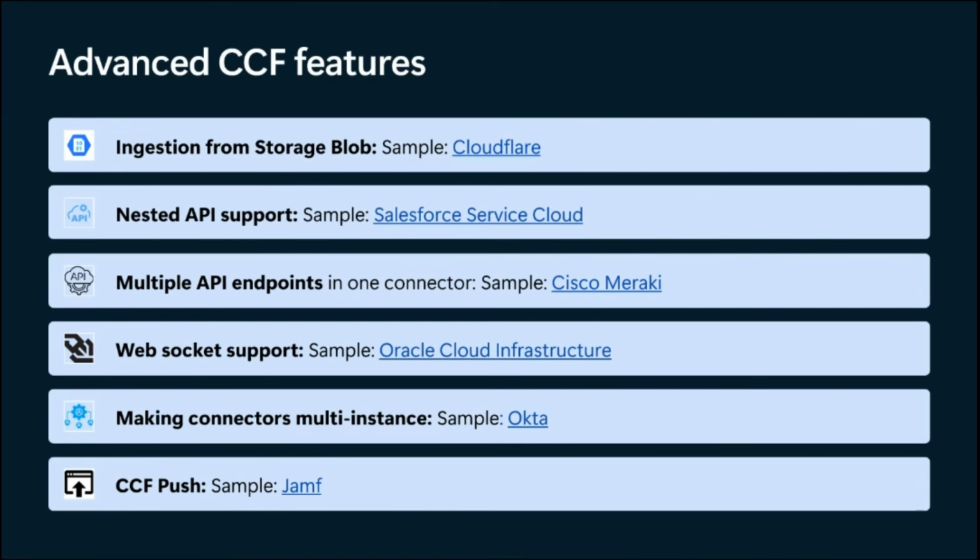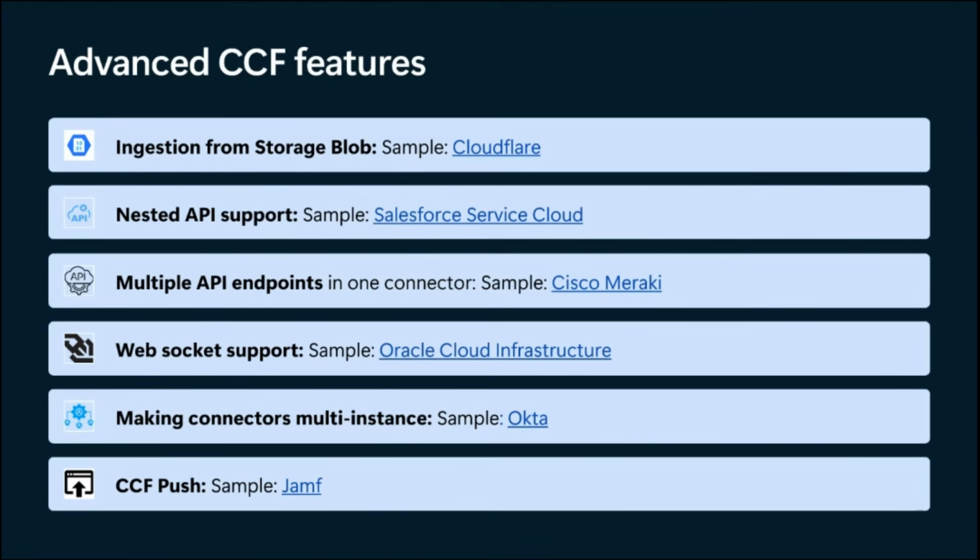We are rapidly expanding multi-API endpoint support. So we have Cisco Meraki, Salesforce for multiple domains. So a lot of these connectors will start coming in with the capability to support multiple API endpoints in multiple domains. WebSocket is supported in the Oracle Cloud Infrastructure connector.